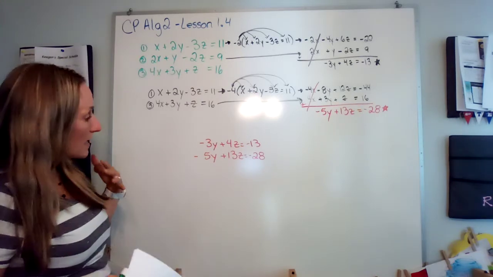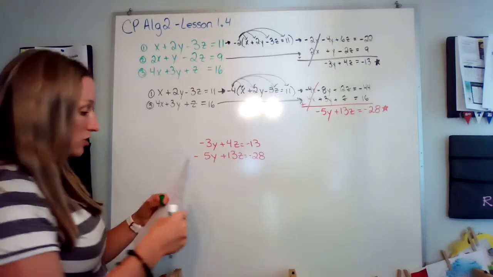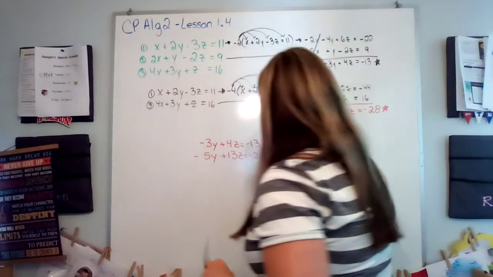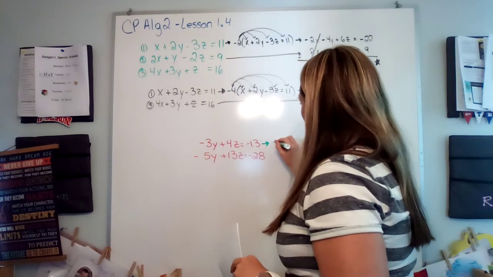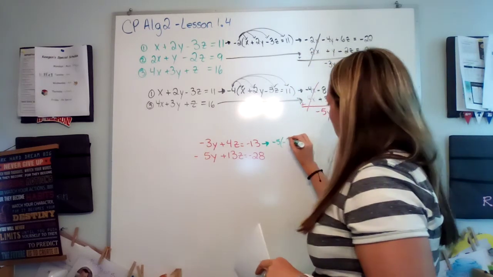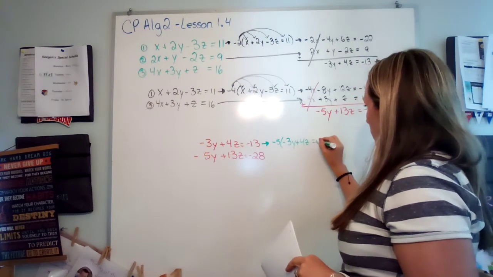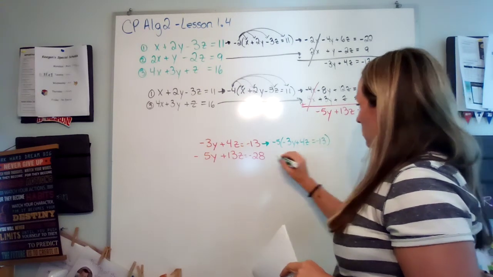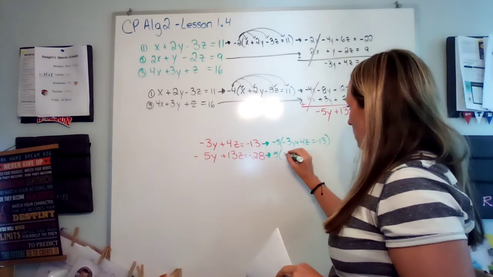If you want to make one a positive 15 and one a negative 15, just change the signs of one of them, which I'm going to do. So I'm going to multiply the top one by a negative 5. The bottom one, I'm just going to multiply by a positive 5. So that way they have opposite coefficients.